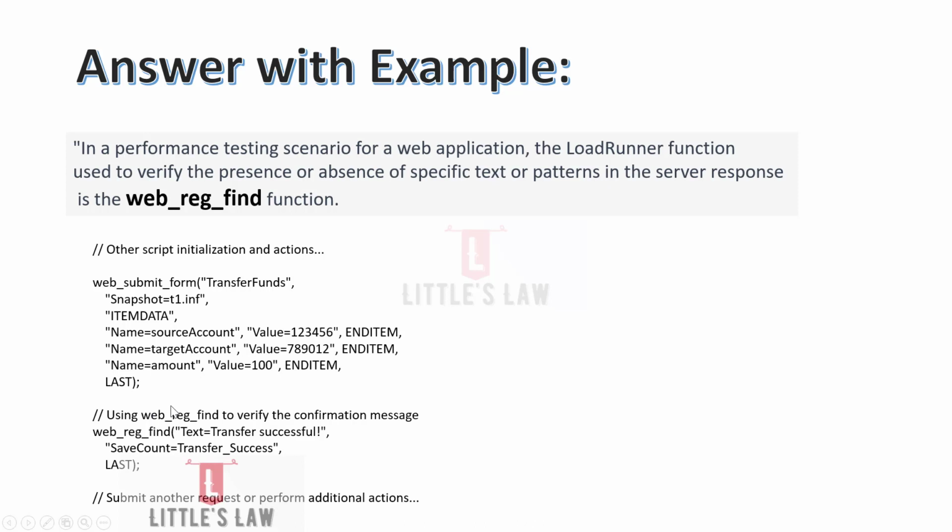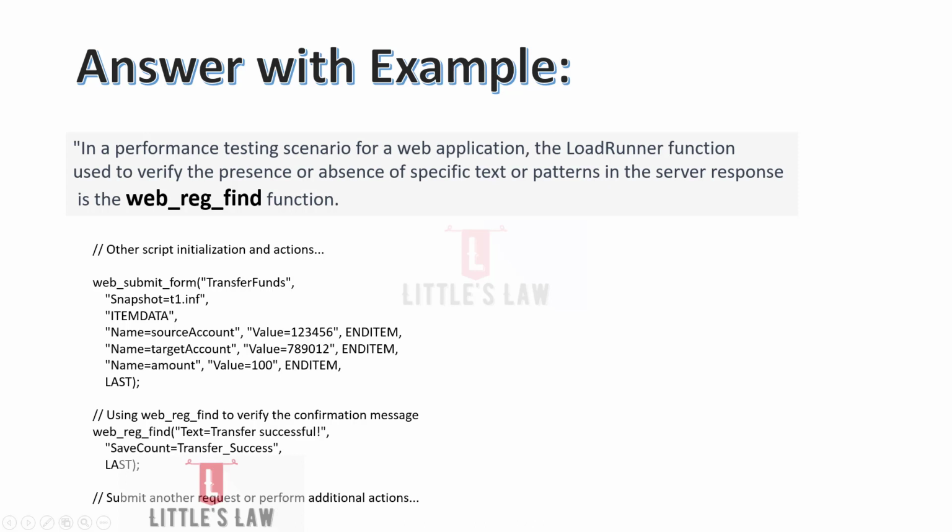Finally, you write web_reg_find to verify the confirmation message. The text has to be "Transfer Successful", because this is what you want to find in the response. Then you write a condition where SaveCount is equal to transfer_success, and then LAST.